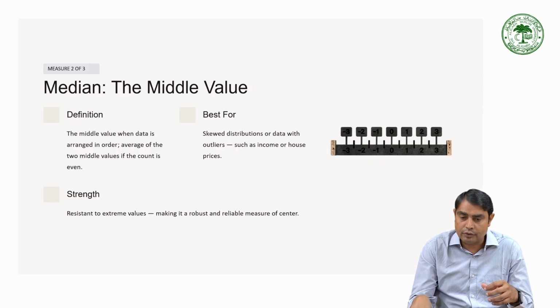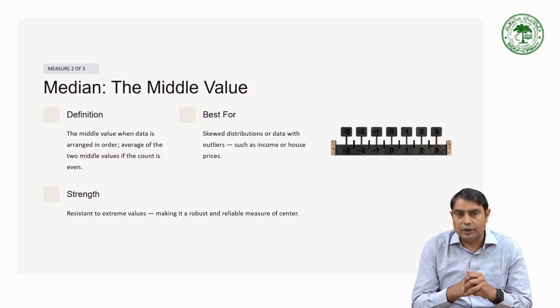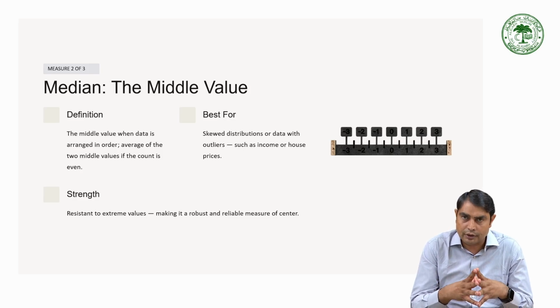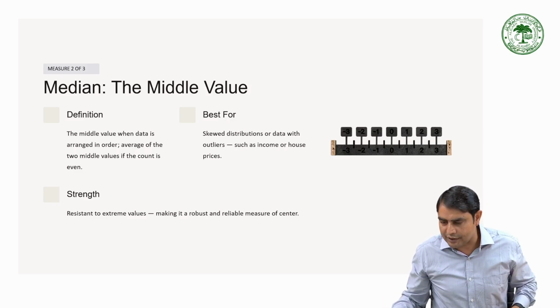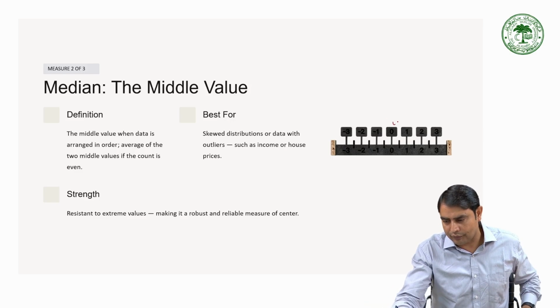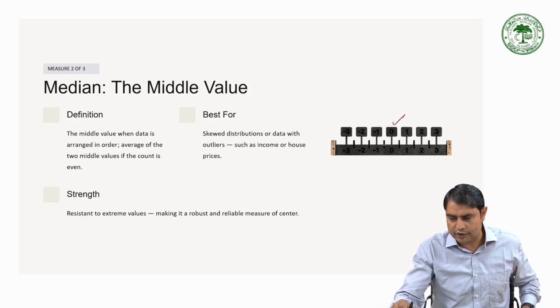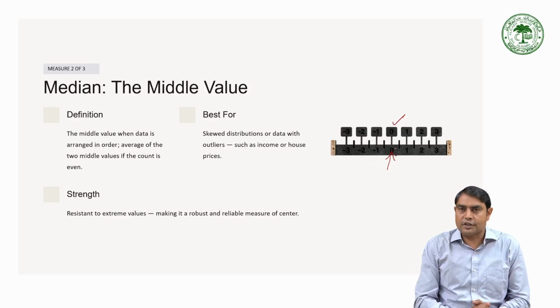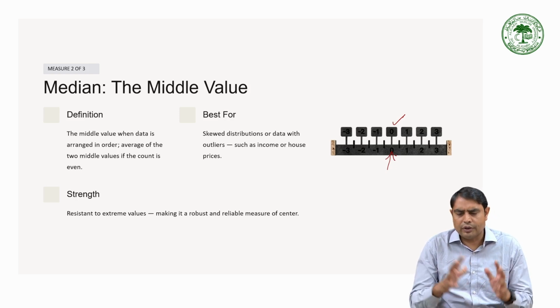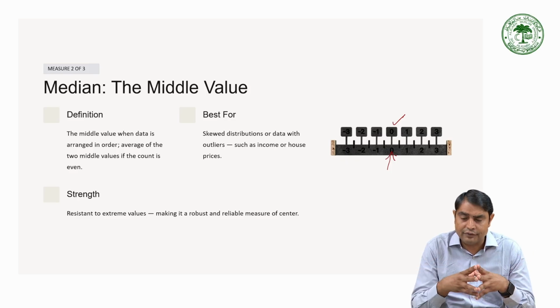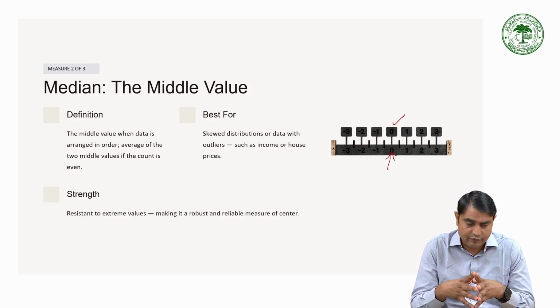Coming to the next measure, which is the median. Defining the median, median is the positional measure of the data set. It is a value which lies in the middle, so half of the values are on the left and half on the right. So zero is your median. Median is something which is in between when your data is arranged in ascending or descending order. Median is the best suitable measure when your data is skewed, when you are handling a skewed distribution, or when your data has extreme values.